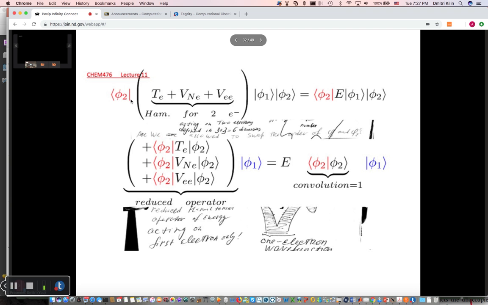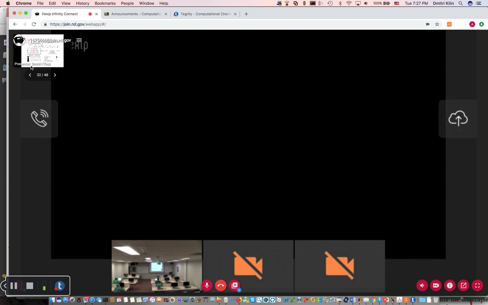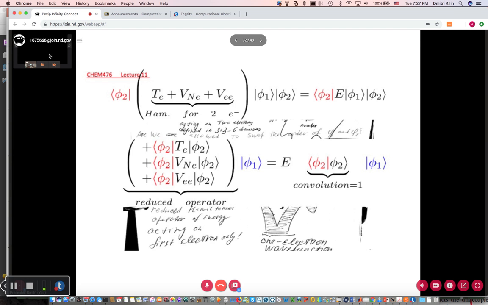So with this trick, instead of one complicated equation that depends on 6 independent variables, we will obtain two a little simpler equations for 3 independent variables, two one-electron equations. If we complete this task, it will be a really big success.